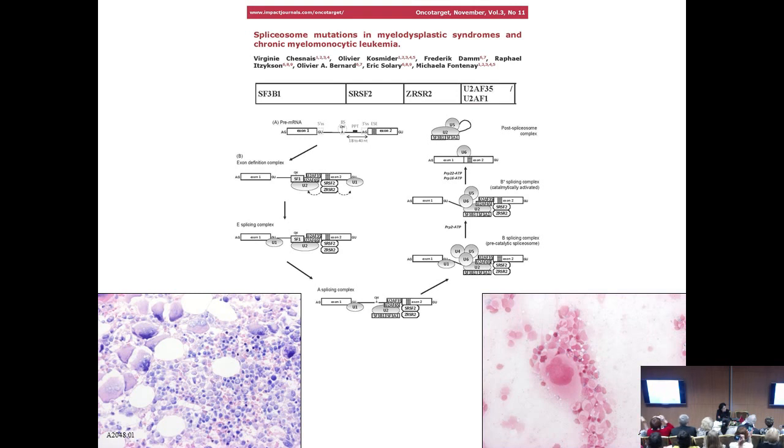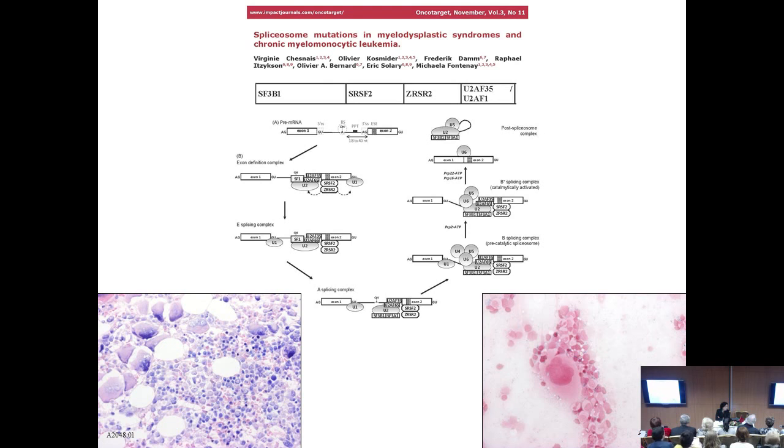A couple of years ago, in 2008 and 2009, there was tremendous progress when it was discovered that in MDS cases there are mutations which predominantly affect splice factor genes. Splice factors are important for processing of the RNA, which is a transcription of genes and is then transported to the cytoplasm, and from this RNA, proteins are produced, as you know.